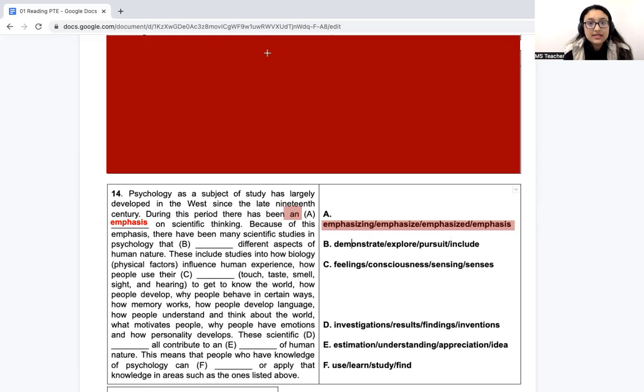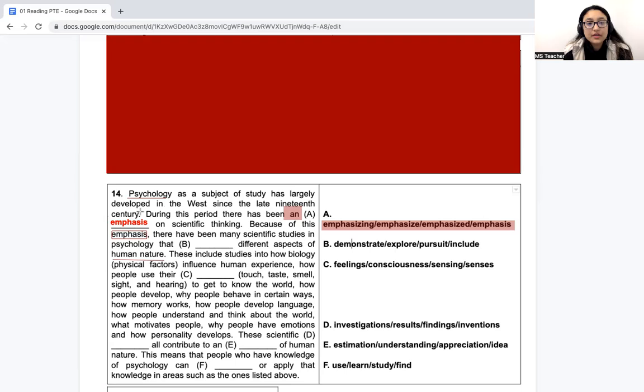And because of this emphasis, there's one more hint here. Because of this emphasis, there have been many scientific studies in psychology. So people have been putting a lot of emphasis on this kind of scientific thinking. And because of this, there are many studies that dash human nature. So psychology and human nature are related, okay? Please don't lose the context.